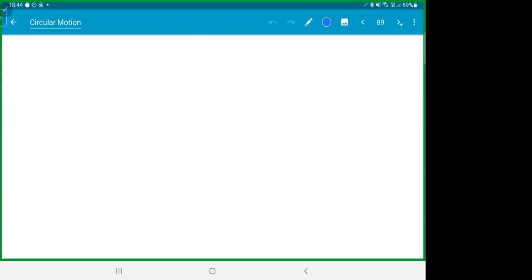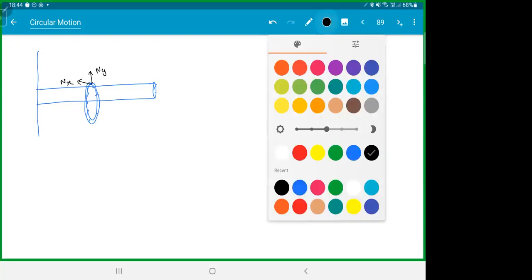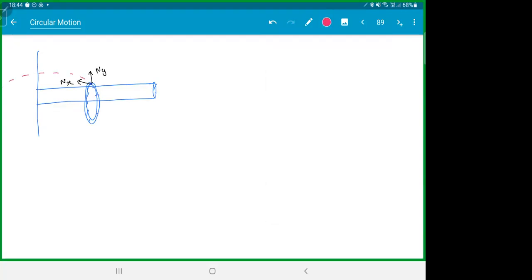Now, if you draw the FBD, look at the forces here. You have Ny, you have Nx. Understand that this Nx will be tangential.